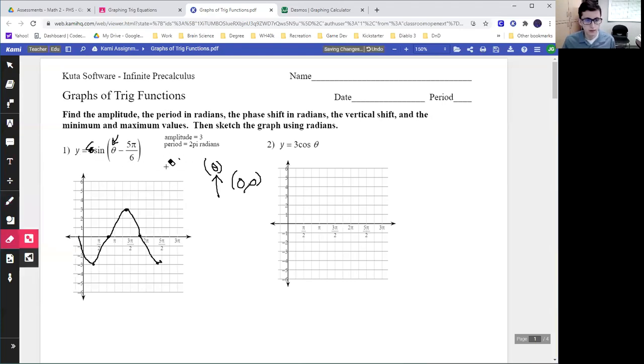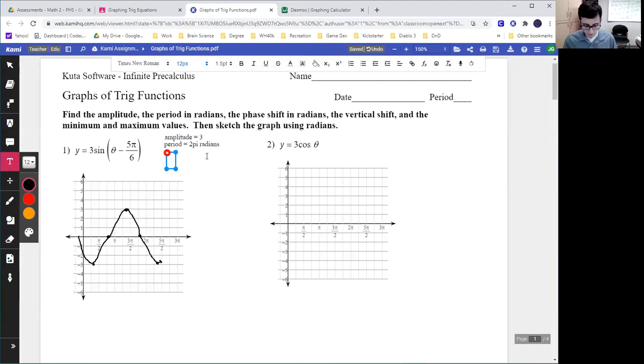Okay. So the phase shift. Now, I want to make sure that I type this correctly. The phase shift would be 5 pi over 6.